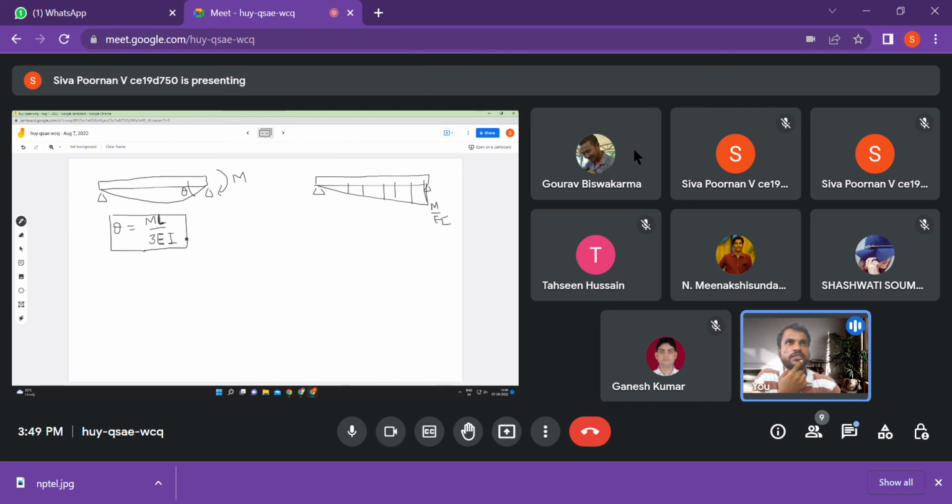This is a sort of stiffness of the system. If I rearrange this equation, M equals 3EI by L into theta. This is called the stiffness of the system.